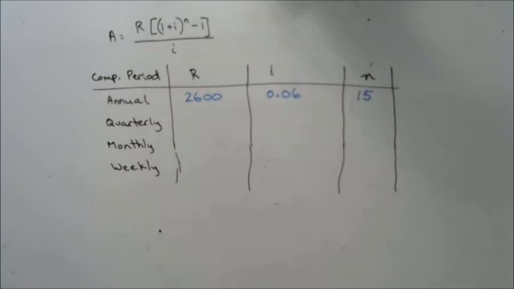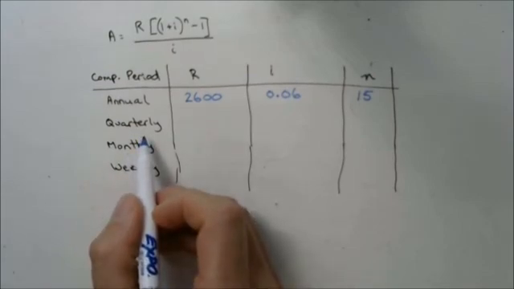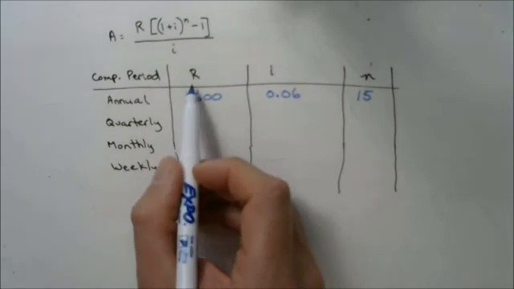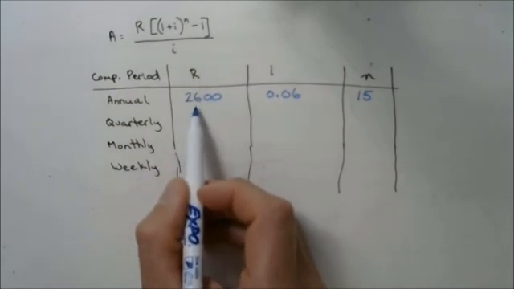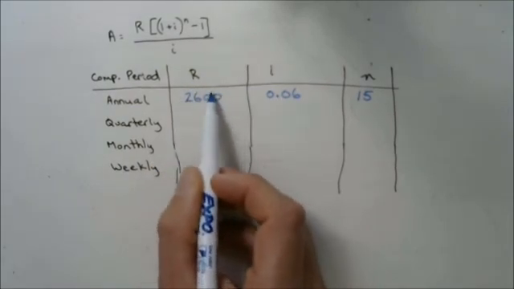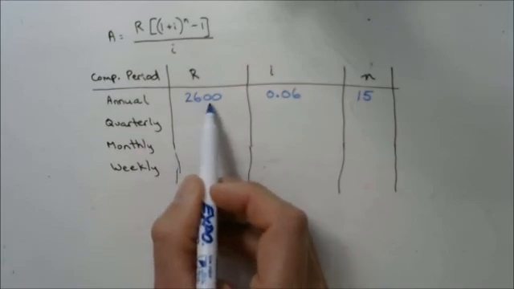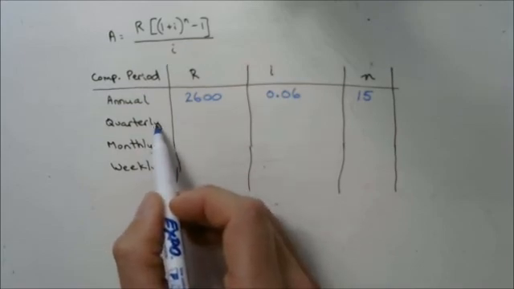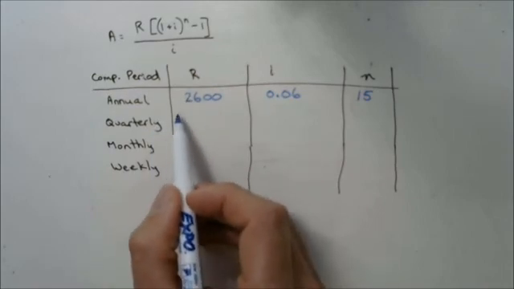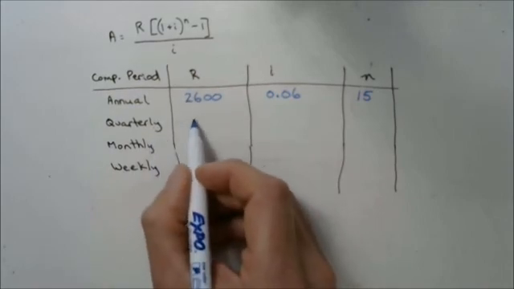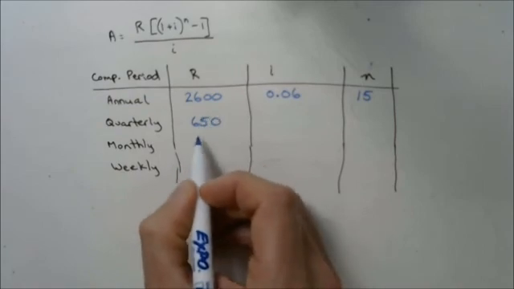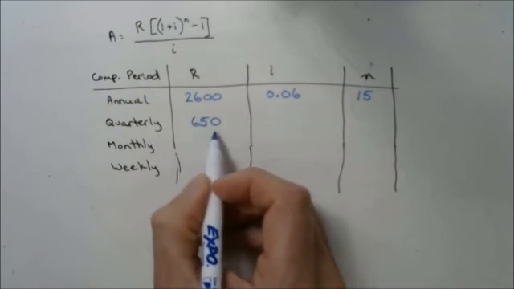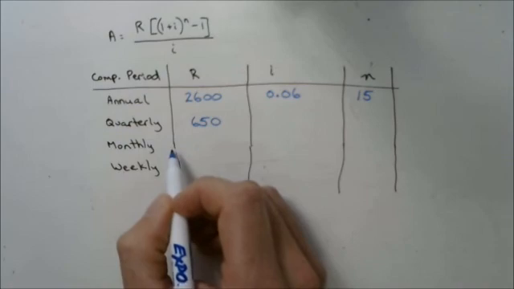Let's look at what happens when we're dealing with quarterly. In order to determine the regular payment, we're going to take the regular payment per year and divide it by 4. We're going to split the year's amount into 4 pieces. That means she's going to deposit $650 every quarter or every 3 months. Same thing.